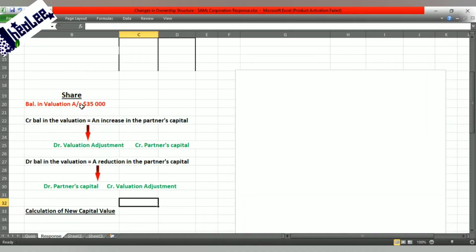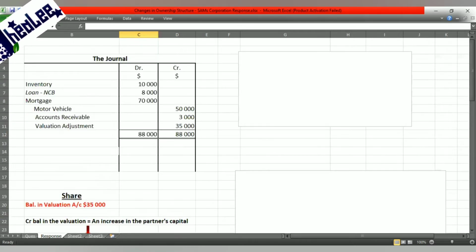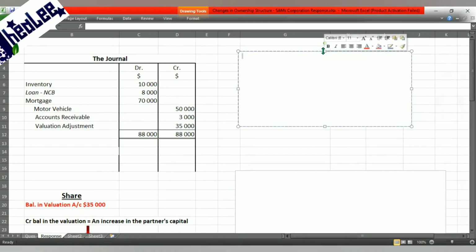So this 35,000 that we have shared among the partners, we're now going to go into the journal and make those entries. Remember, because there is a credit balance, that results in an increase in the partner's capital. So we're going to look at the entries in the general journal now relating to that.